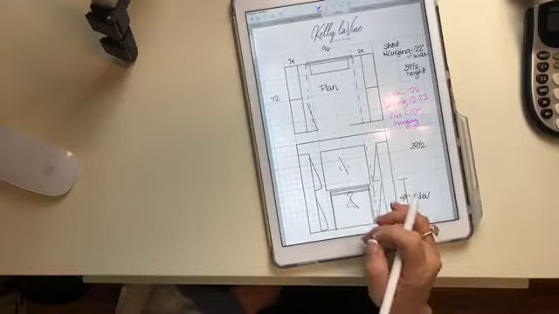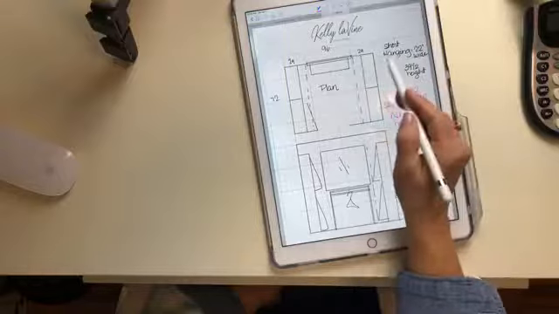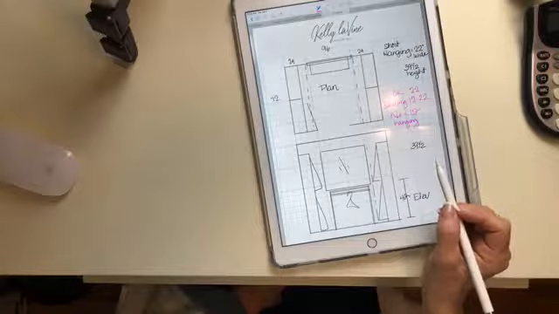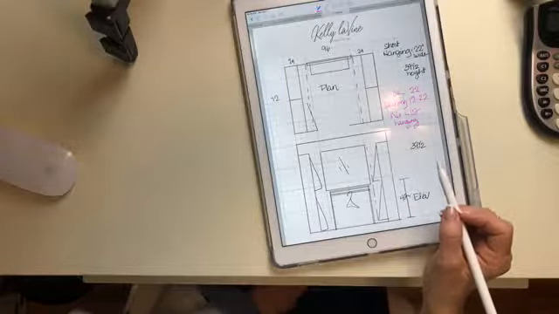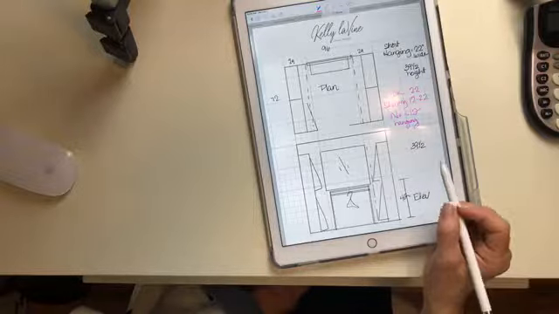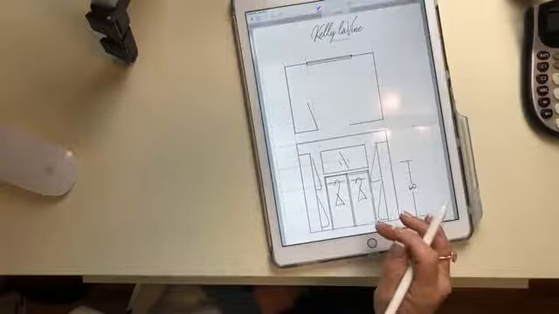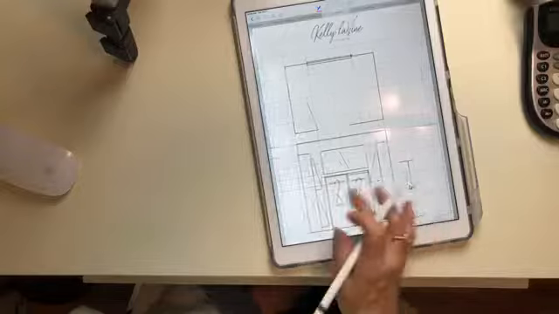The space below isn't as critical as the space to the side as far as what you can do there. It's just more a matter of, do you want to even use it or not? Higher windows are great.